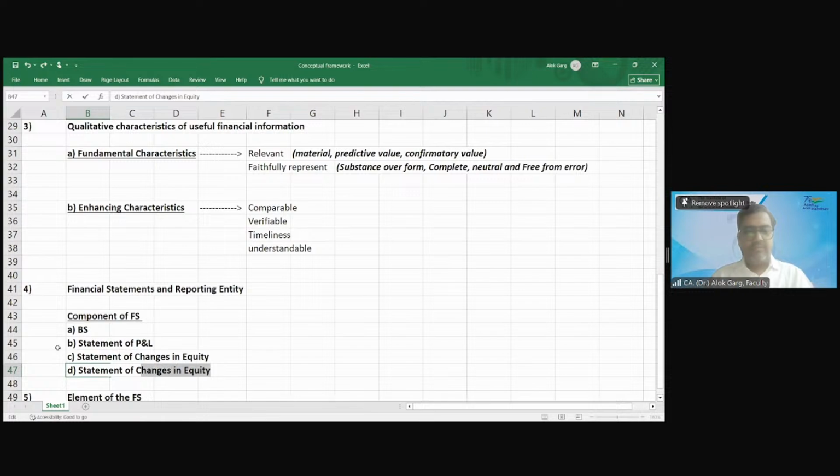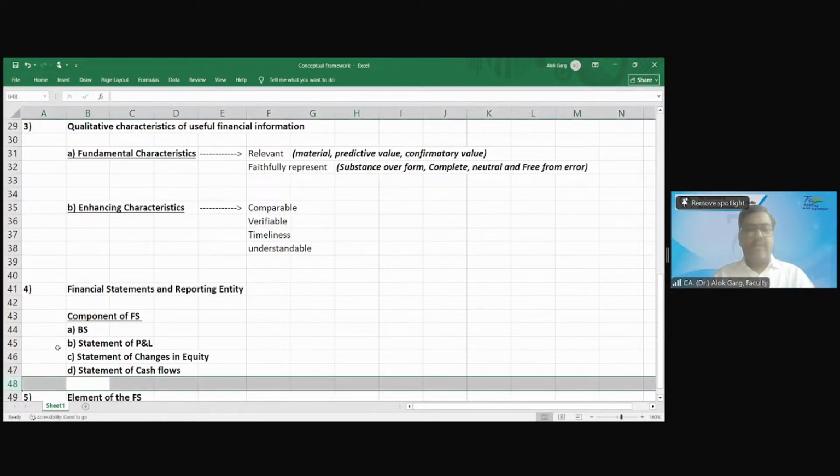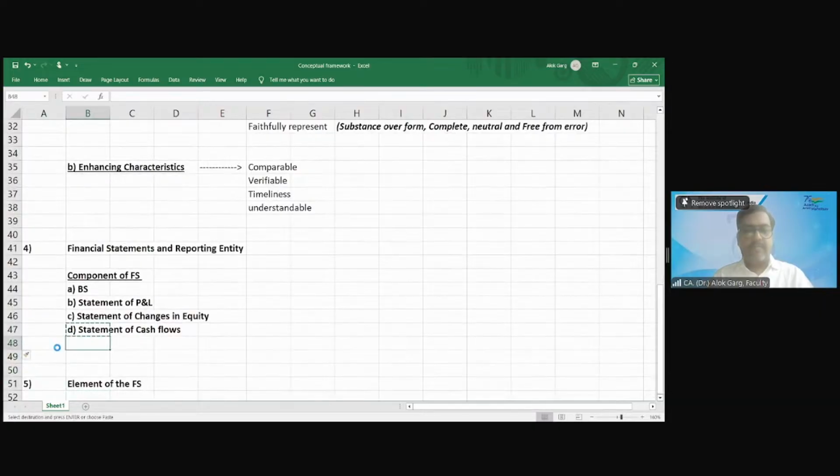And E, notes to accounts. Now I am not using the word account in the statement of profit and loss; I removed it. Now your financial statements are standalone financial statements and consolidated financial statements.